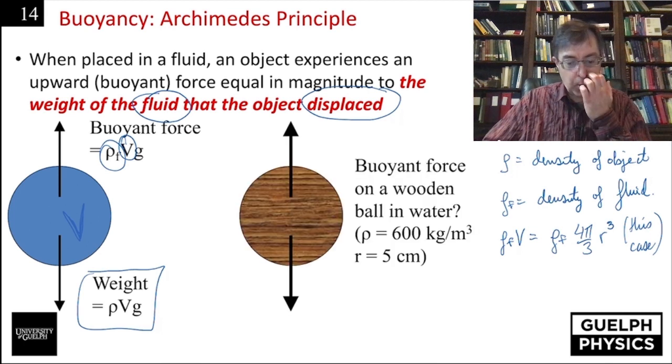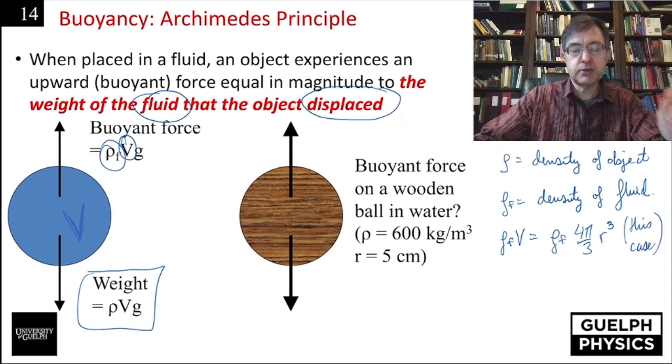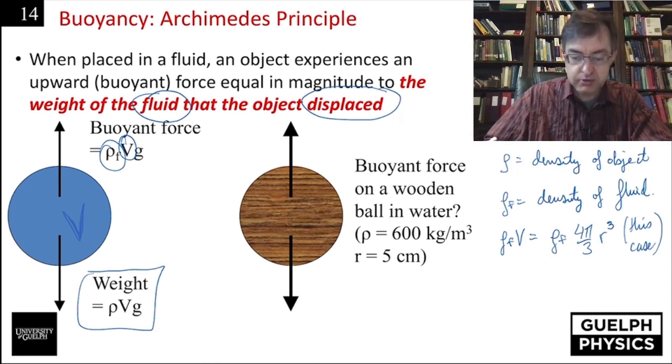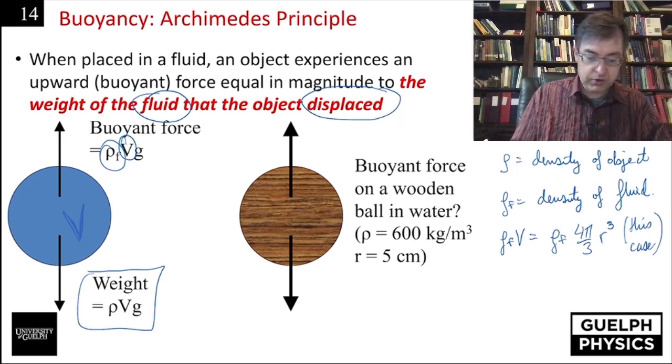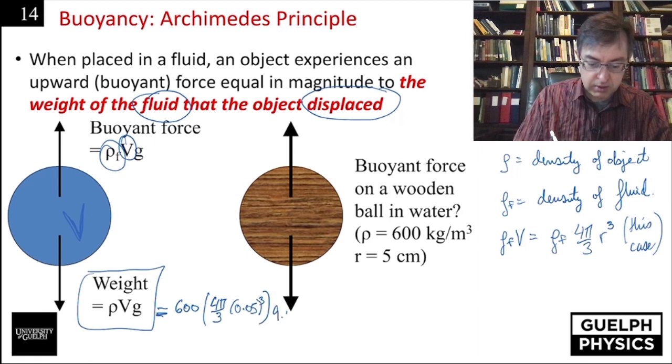So we'll do a particular example. Let's say, what's the buoyant force on a wooden ball in water where rho, the density of the wood, is 600 kilograms per cubic meter, and the radius is 5 centimeters? So I can first of all calculate the weight down here. I take the 600 kilograms per cubic meter, and then I multiply it by 4/3 pi r cubed, with the radius of 5 centimeters, 0.05 cubed, and then the 9.8.